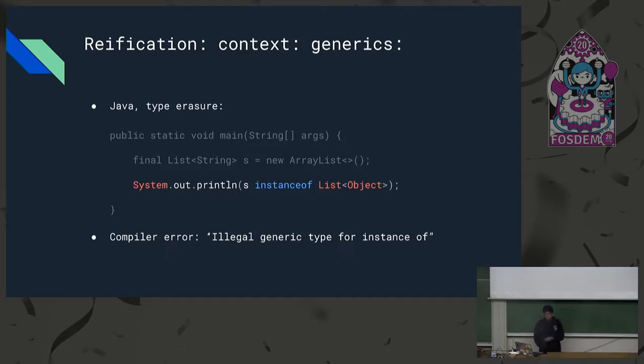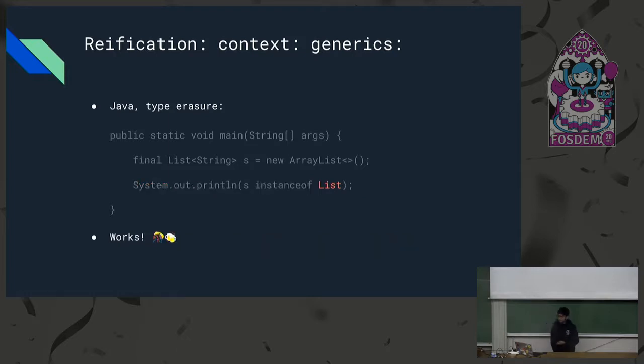Even though string is an instance of object, list of string is not an instance of list of object. But if we try changing list of object to list of string, or to just list, it works, because it's still a list. You don't know what list it is, but it's still a list. So this is essentially the type erasure concept in Java.